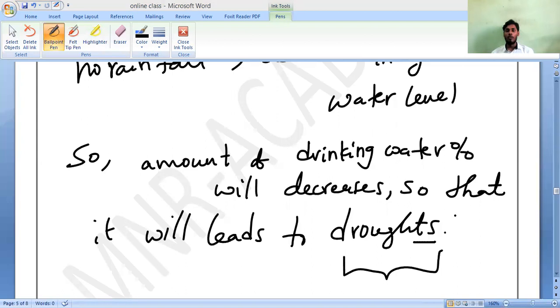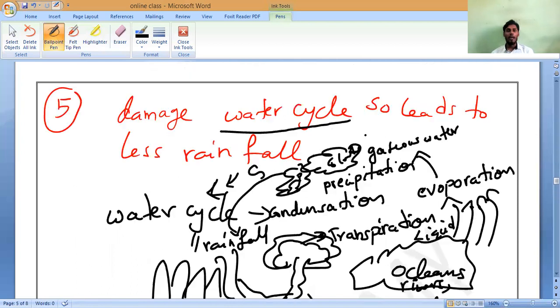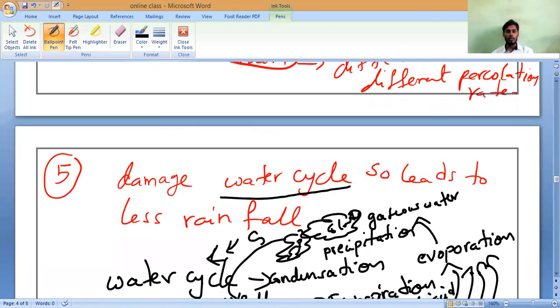So this is the fifth consequence of deforestation: damaging the water cycle. It will lead to less rainfall, lower the groundwater level, and cause drought.